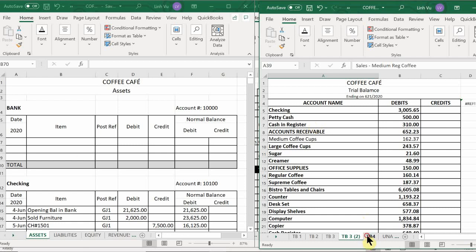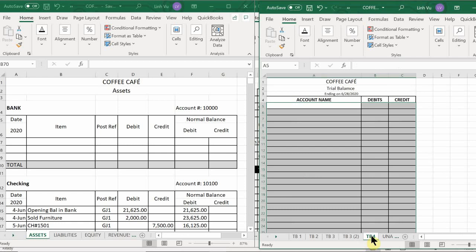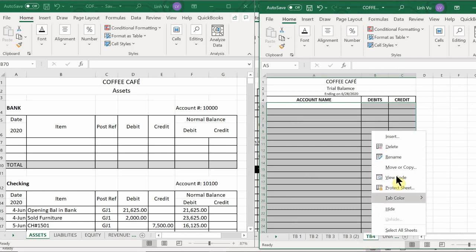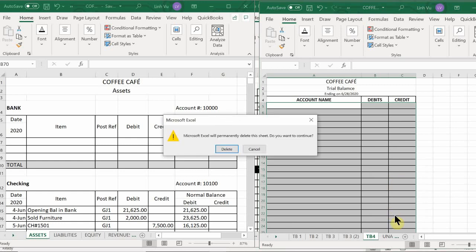Now what I'm gonna do here is I'm gonna click on trial balance number 4, and I'm gonna delete it, okay? Because Excel does not allow you to make a worksheet titled the exact same. You have to make some kind of variation. Hence, that's why it says trial balance parentheses 2.